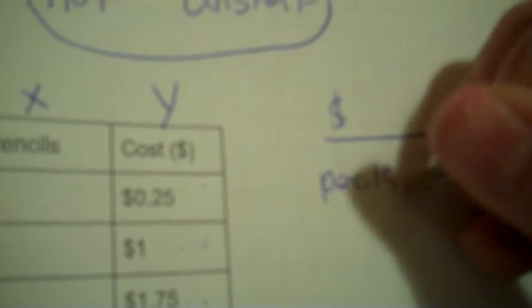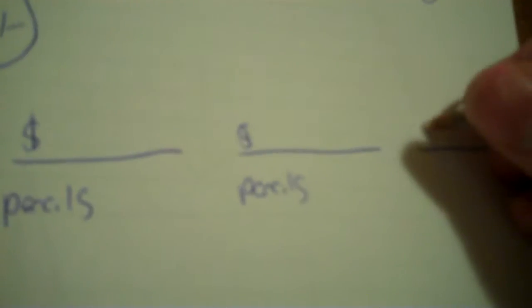All right, same thing. Here to here, that's 1 line. Here to here, that's another line. Here to here, that's another line. Okay, remember, this is X, this is Y. Dollars goes on top, pencils on bottom. I don't care if they go at the end of the line or before, but those are the labels.